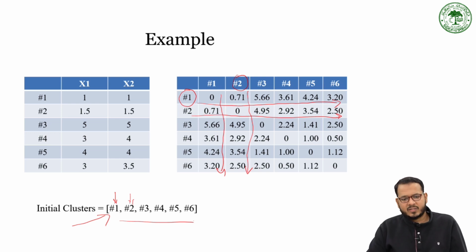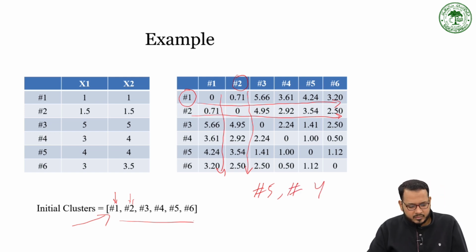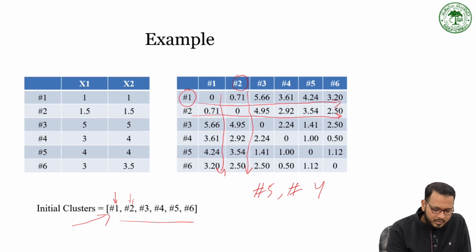Let's see how this distance is calculated. We have used the Euclidean distance formula here. For example, let's see what is the distance between cluster 5 and cluster 4. What is the distance between these 2 points? We know that cluster 5 here is (4, 4) and cluster 4 is (3, 4).